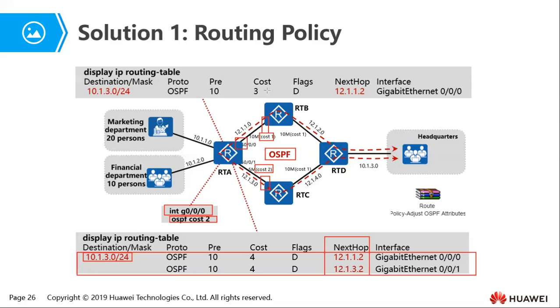In this case, we've simply altered the cost. Initially, the cost for that path was 3, but now we've changed it, and it's now 4. So both of them now match.